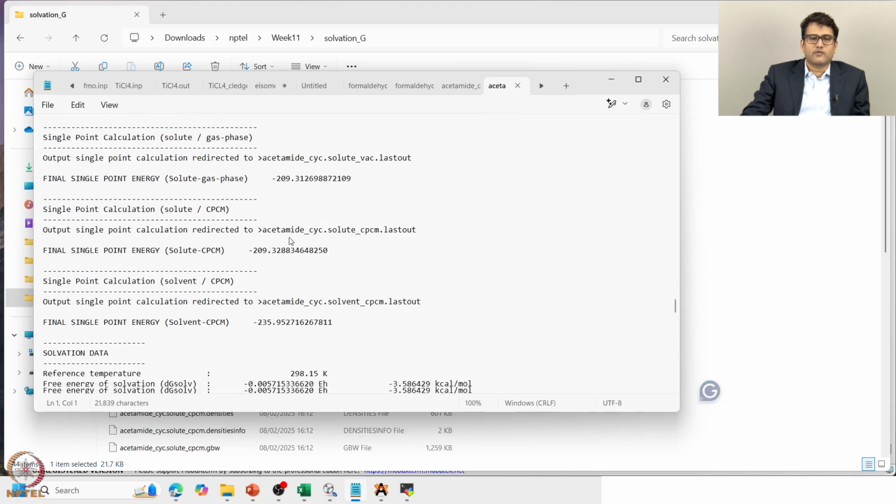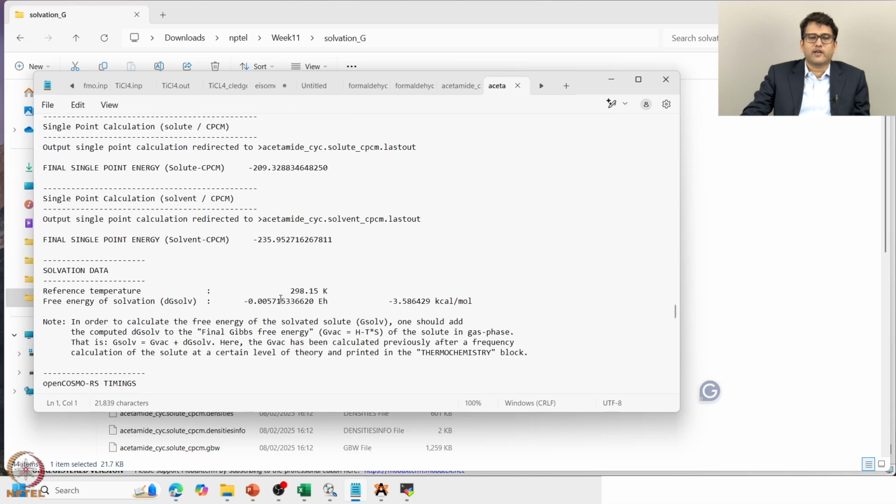So, these are the individual parameters, and in the solvent data what is important is the free energy change of solvation.